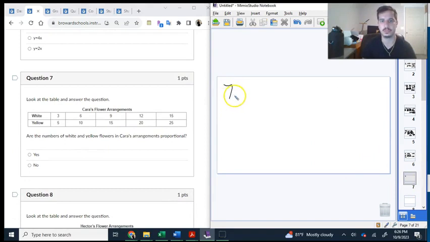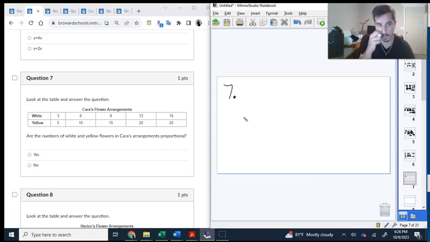Number 7. All right. Look at the table and answer the question. Kara's flower arrangements. So all of these are x's and y's. Okay. X's, y's. Are the numbers of white and yellow flowers in Kara's arrangements proportional? So what we would do is we would find the constant of proportionality for all of them.